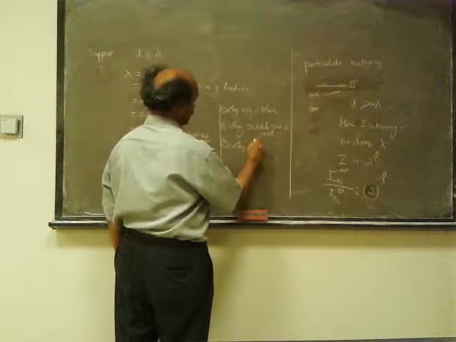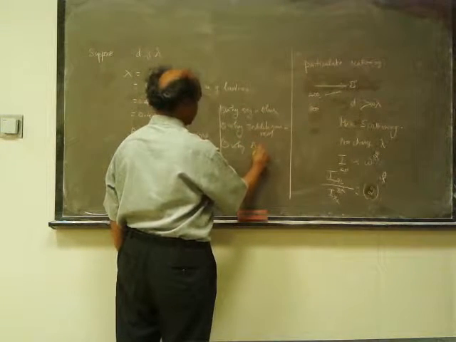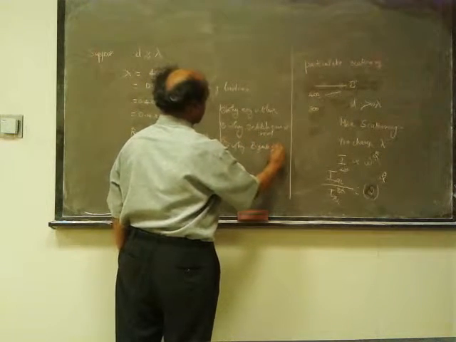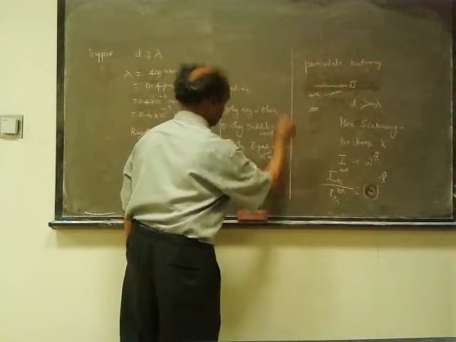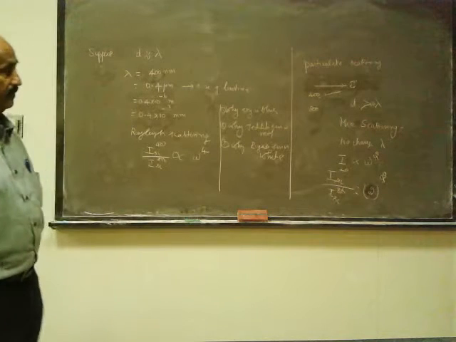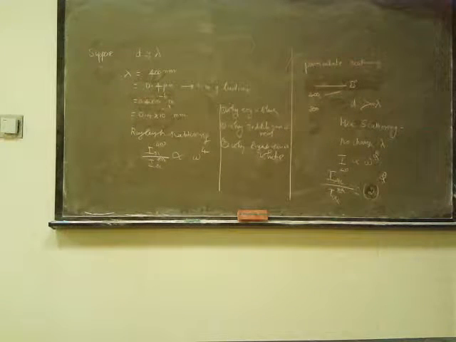Three, why the Riyadh sun is white. I leave these 3 questions for you. You find out the answer. First thing, why is the sky blue? Why is the Jeddah sun red? Why is the Riyadh sun white? Okay.